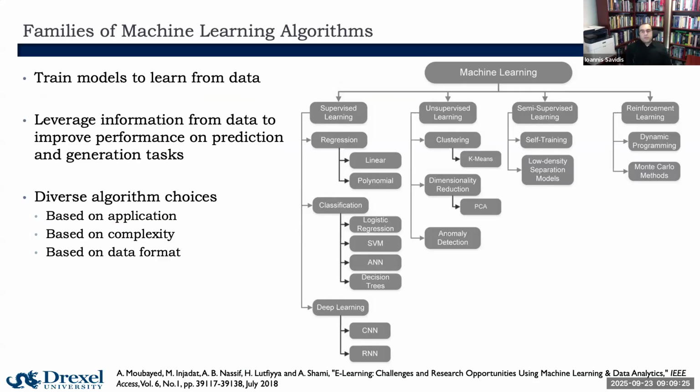These algorithms can be classified into supervised, unsupervised, semi-supervised, and reinforcement learning primary categories. Supervised learning includes tasks such as regression and classification. Unsupervised learning is generally applied to tasks like clustering and dimension reduction. Reinforcement learning is suitable for dynamic environments and is often used for optimization.